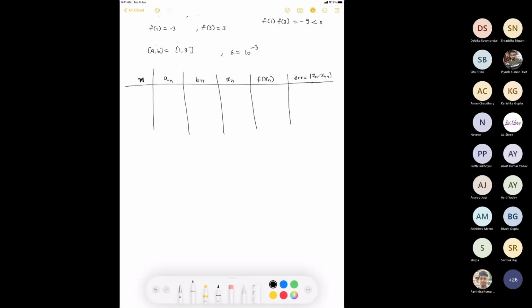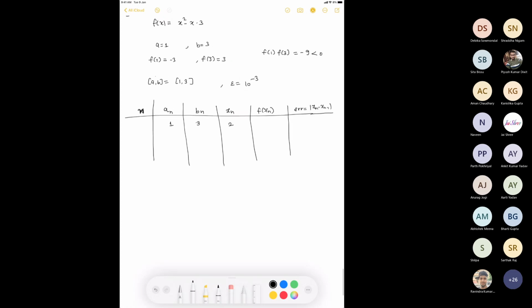Okay, so initially I've got a1 as 1 and b1 as 3, and x1 is going to be 2, and f at x1 is -1. So this is iteration 0, and you can find the error here.